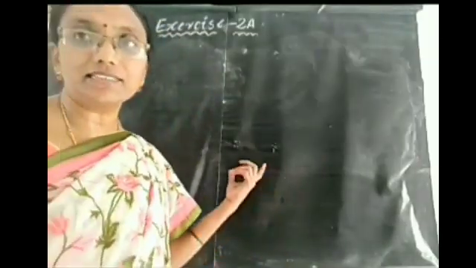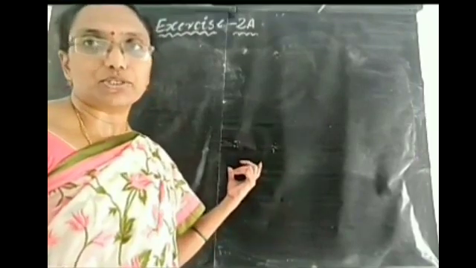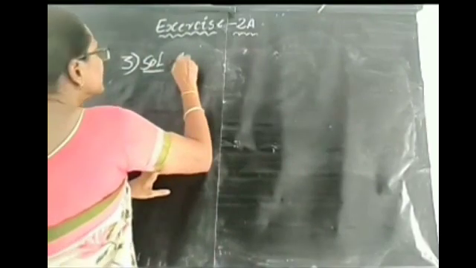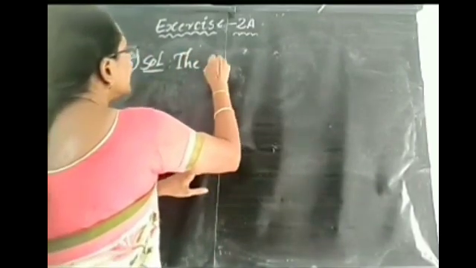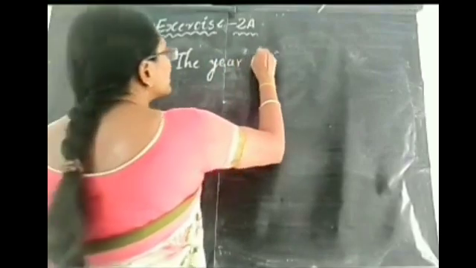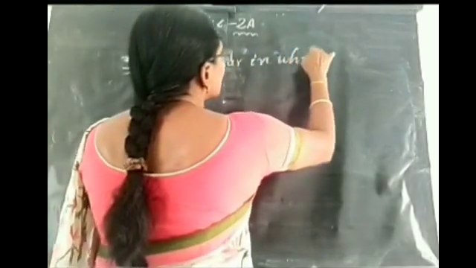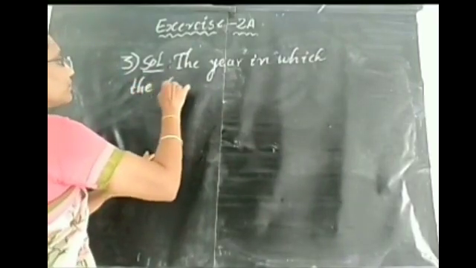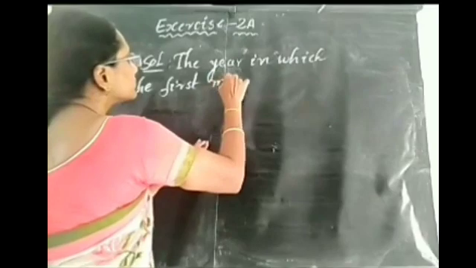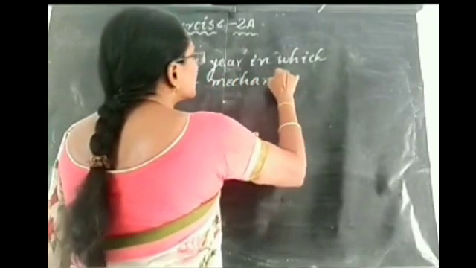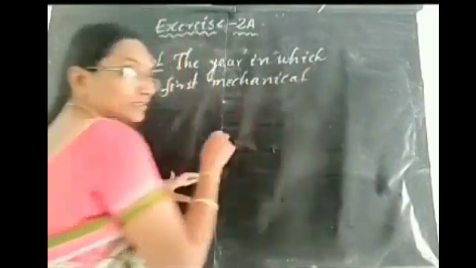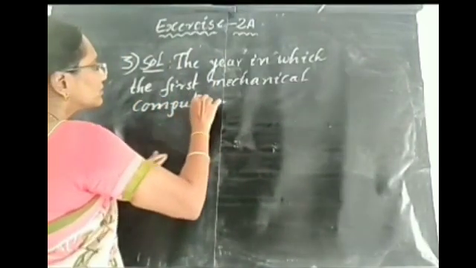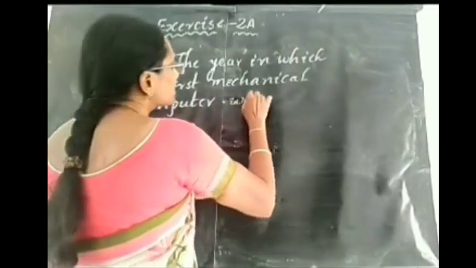First we will write the statements from the given number story. The first one is the year in which the first mechanical computer was invented.